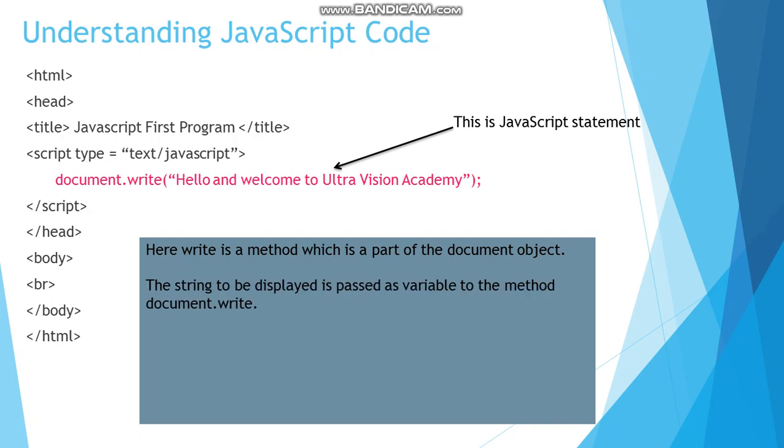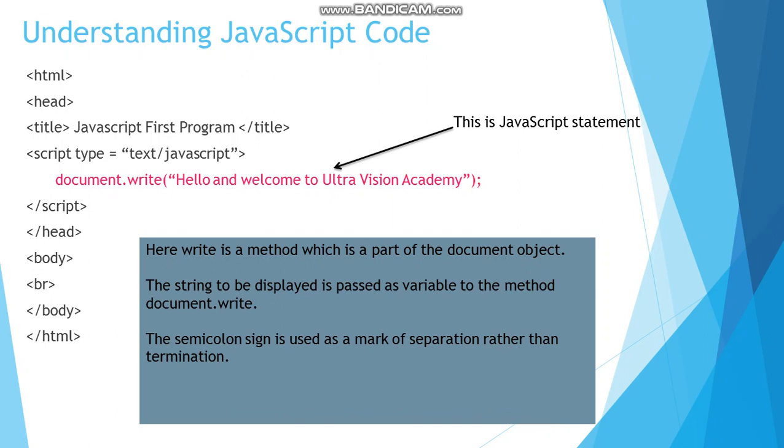The string to be displayed is passed as an argument to the method document.write. The semicolon sign is used as a mark of separation rather than termination. As we have discussed earlier, for each and every JavaScript statement, at the end we have to give a semicolon sign to terminate it.